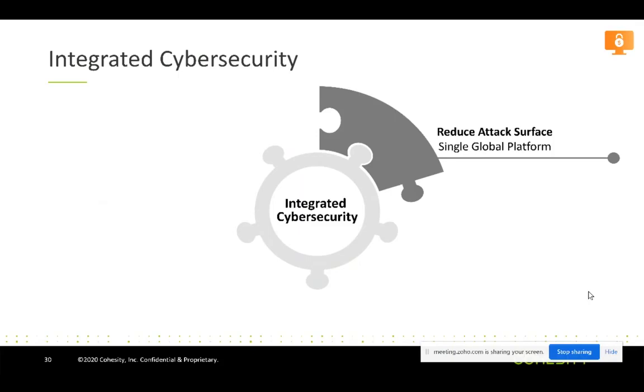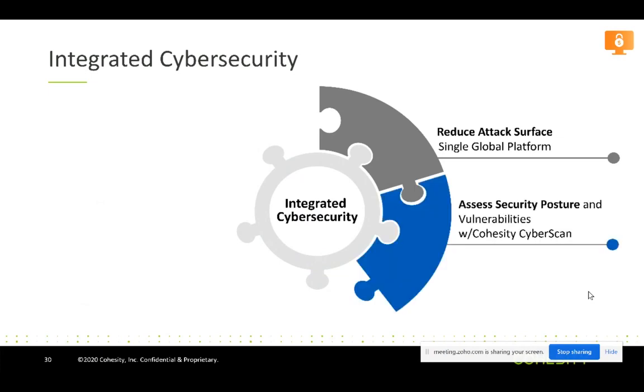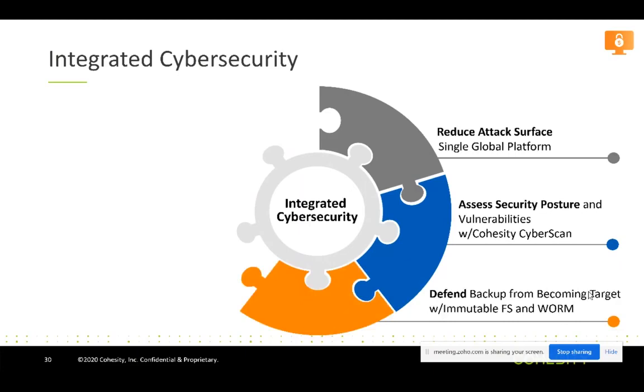But here we are consolidating so that you can focus on securing that one platform, and assessing the security posture, because of the ability to scan whatever data you have inside Cohesity. We make sure that your production server itself is within the level and compliance of the security you have in place.